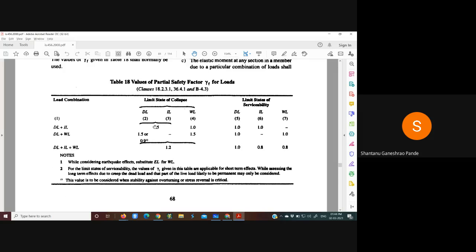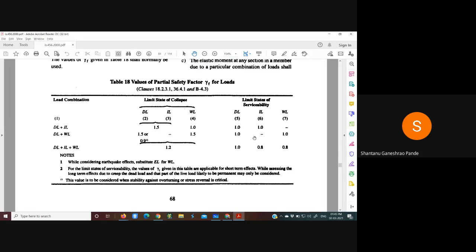You can see 1.5 here, whenever you use the dead load plus imposed load combination. Imposed load you can consider as live load. For that, the partial safety factor is 1.5. And for limit state of serviceability, the partial safety factor will always be 1, because we will be dealing with working load for checking serviceability.